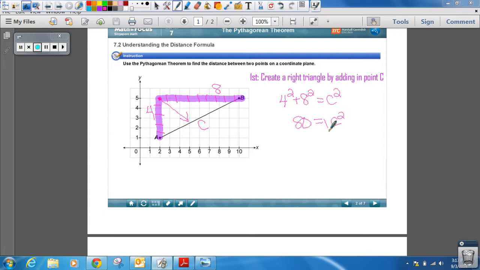The opposite of squaring something is to take the square root. Those cancel out. So that gives me c is equal to exactly the square root of 80, which is approximately 8.9. And that is your answer.